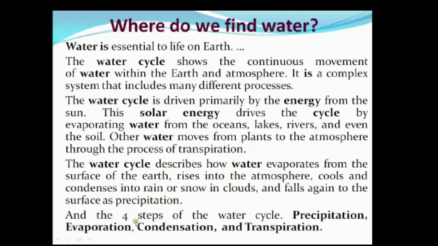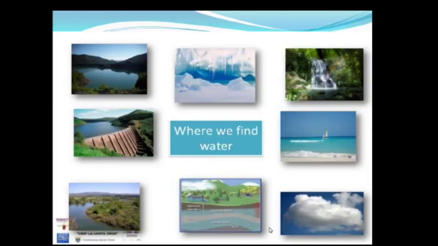As I told you, the 4 steps of the water cycle are precipitation, evaporation, condensation, and finally transpiration. These are the different steps by which we can get water.